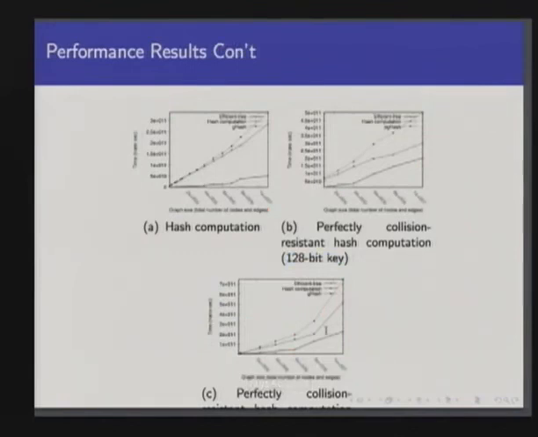In this second experiment, I am changing the graph size on the x-axis. So as we go along the x-axis, the number of nodes and vertices are increasing. And along the y-axis, we have the computation time. I am plotting 3 values: efficient tree computation time and hash computation time, and the G hash is the total computation time, which is the topmost bar, the sum of the lowest 2 bars.